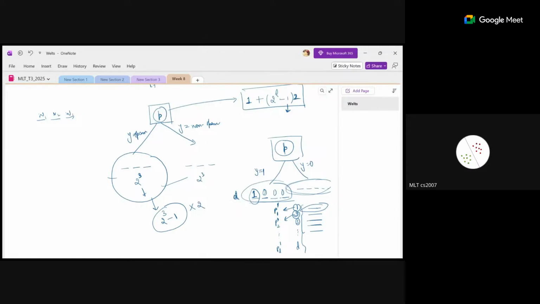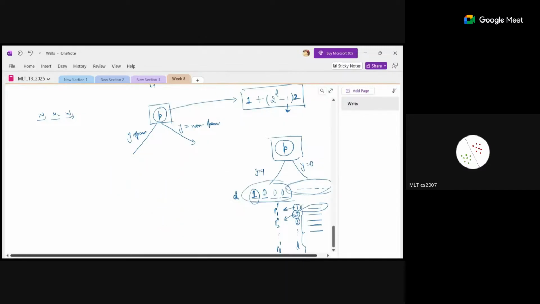In the previous case, we had rolled. In this case, if it's from a spam email, we are rolling a 2 to the power 3 face die.